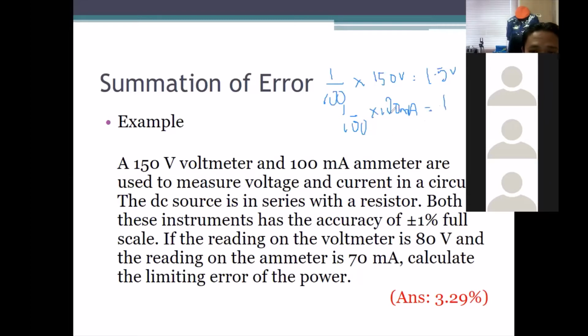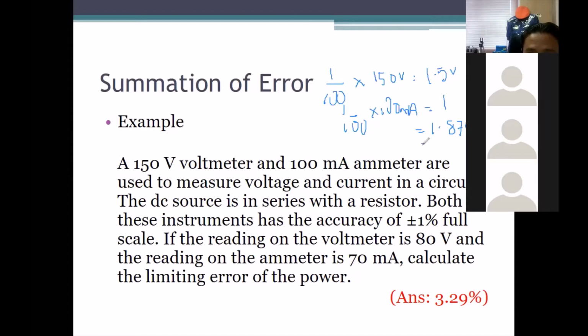And then from this one, 1.5 divided by 80, 80 multiplied by 100. So we got 1.875%. This is for voltage.